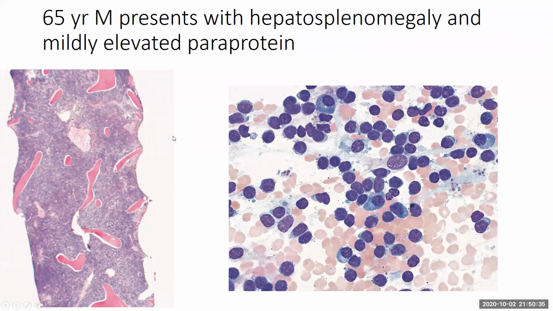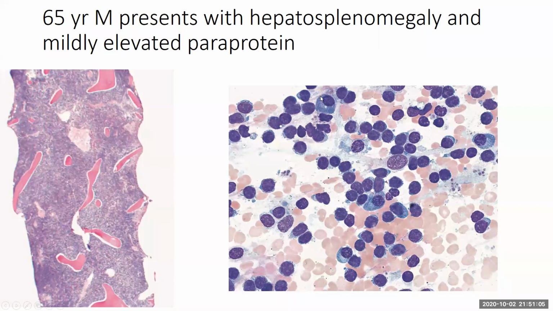So next, we have a 65-year-old male that presents with hepatosplenomegaly and mildly elevated paraproteinemia. I'm not giving you the paraprotein, whether it's an IgG versus an A or an M, for a reason. This is the trephine biopsy, and you can see a diffuse interstitial pattern of involvement, which is characteristic.